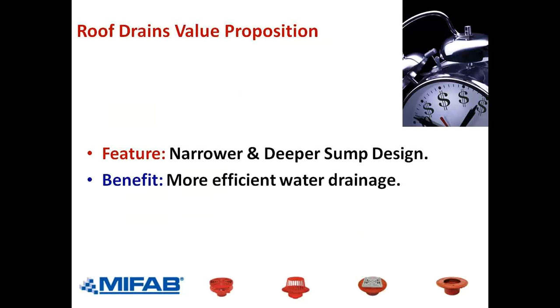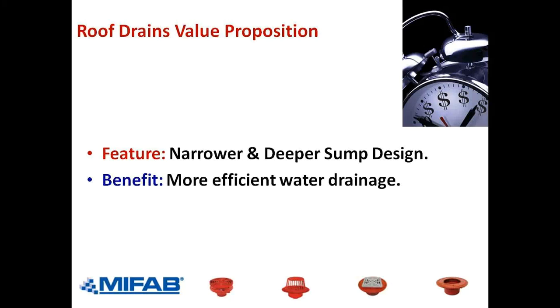Another advantage is we have a narrower and deeper sump design. The competitors typically all have the same body design, 15-inch diameter, but it's a shallow sump, and the sump is shallower but extends almost to the 15-inch diameter area. The A2 body has a 15-inch flange, but the sump diameter is something like 10.5 inches.